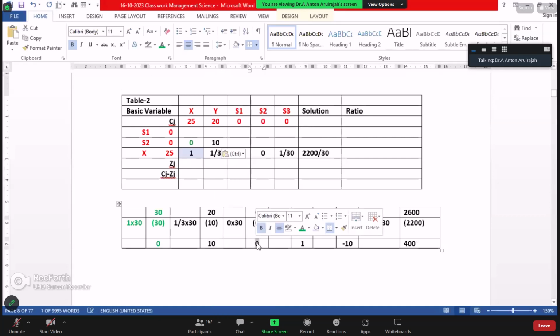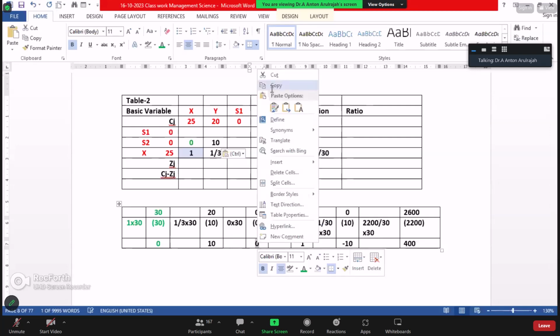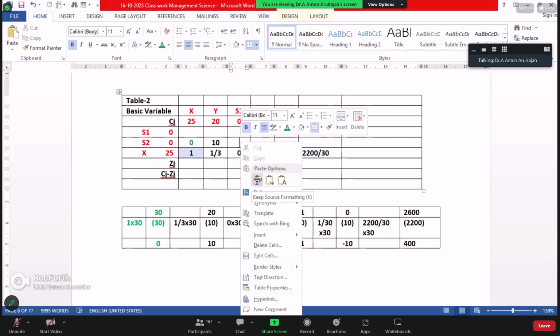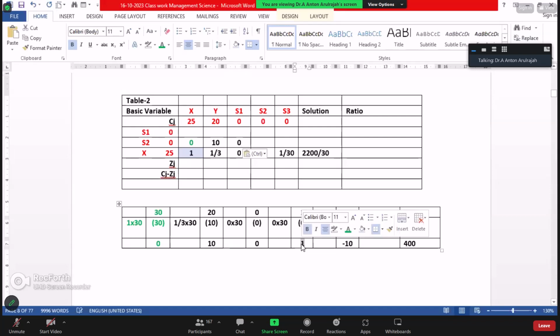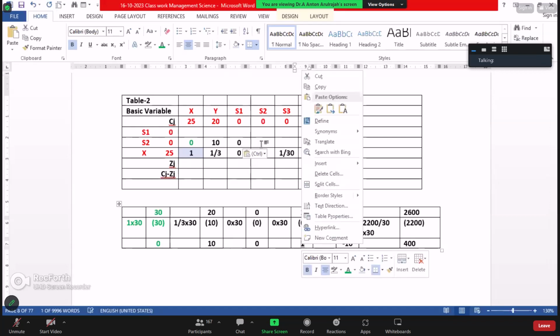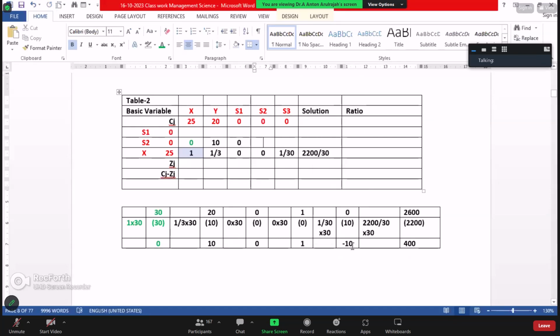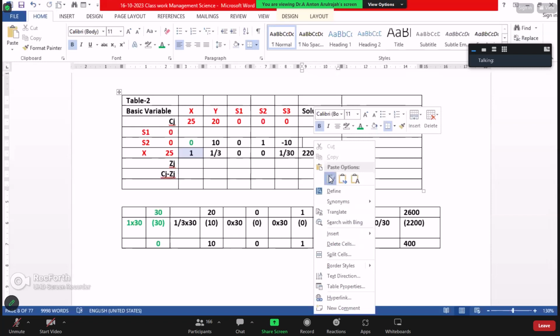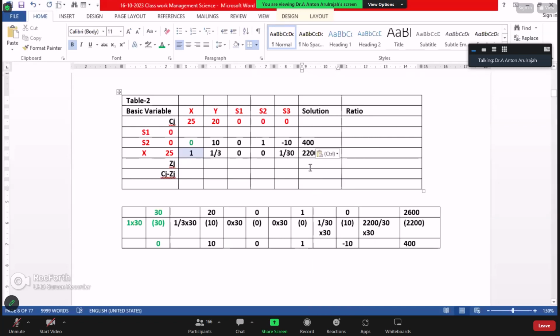So without missing the row and column, we have to put here 0, here 1, here minus 10, here 1. Okay.